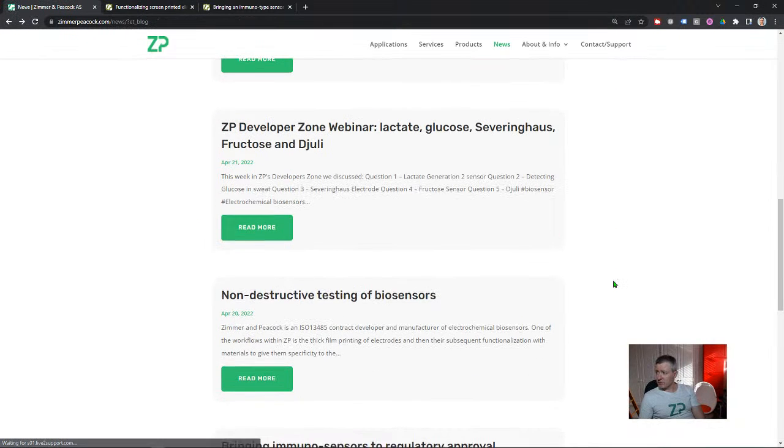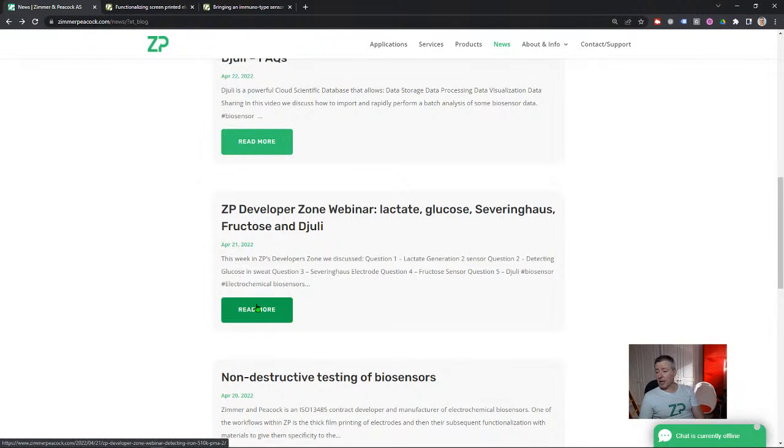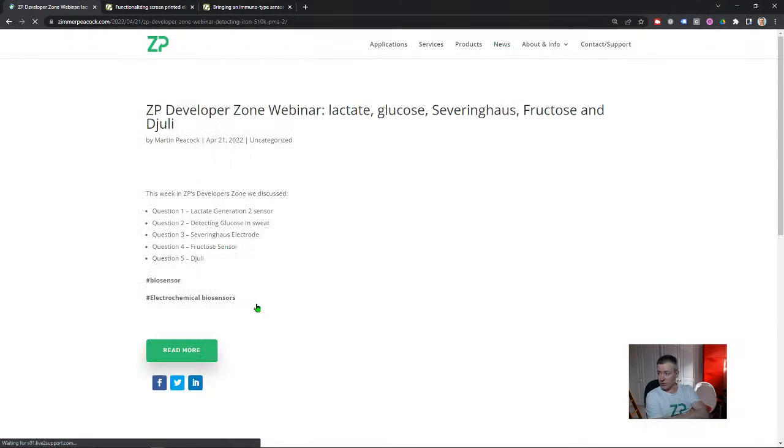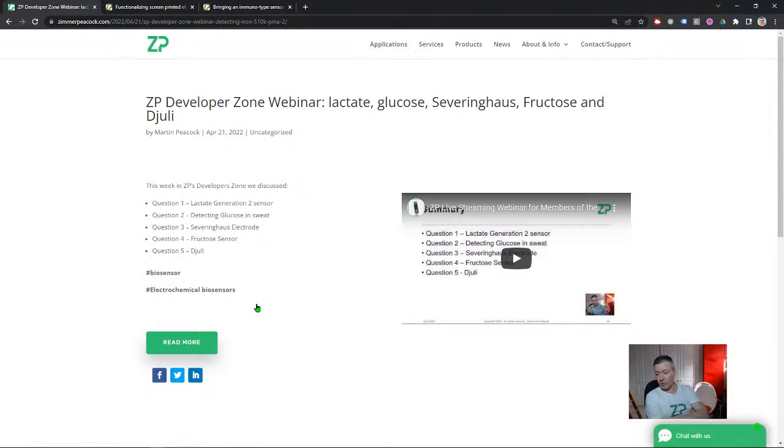So, non-destructive testing. We did our developer zone as we always do every Thursday, 8 a.m. London time. This week we talked about lactate generation 2 sensors, detecting glucose in sweat, the Sferringhouse electrodes, fructose sensors, and we also discussed Julie, which is obviously this cloud database.